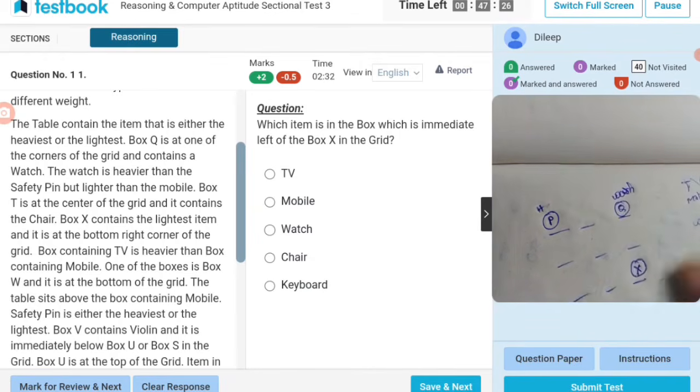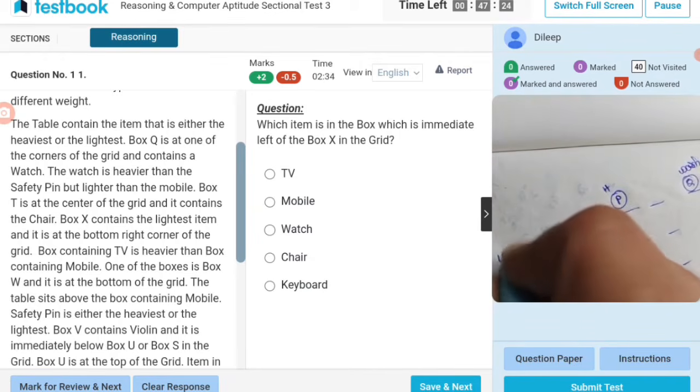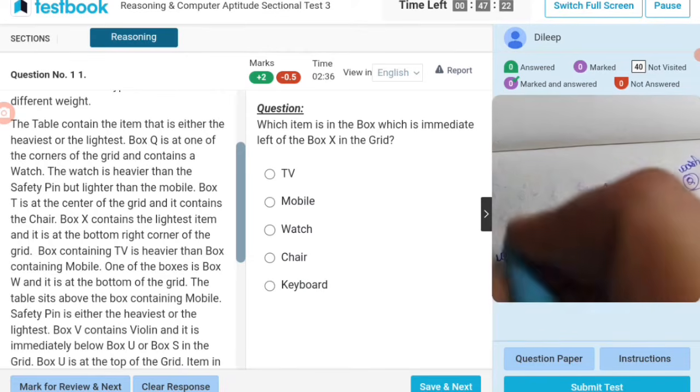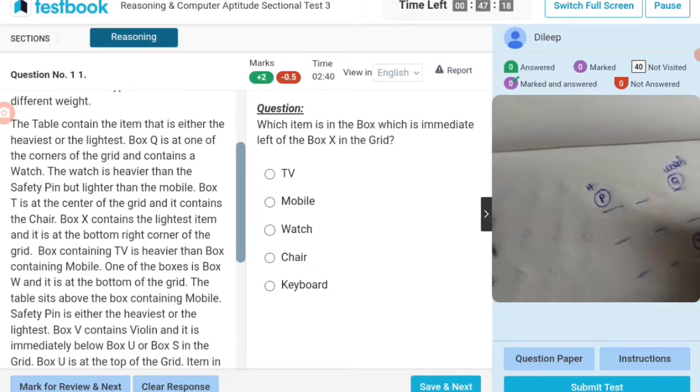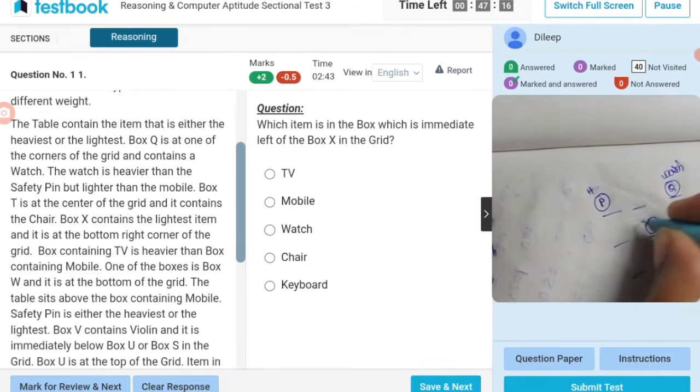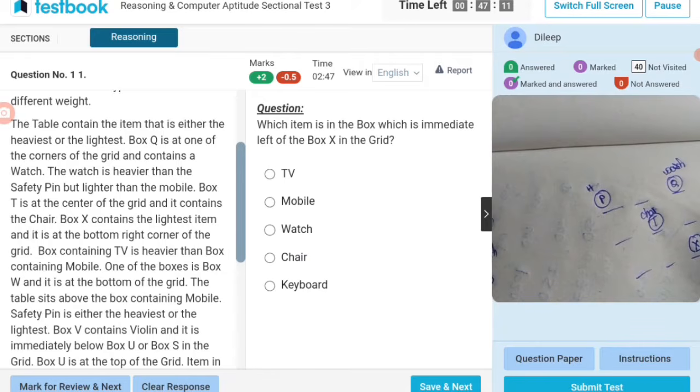The watch is heavier than safety pin but lighter than mobile. So T is at the center of the grid and contains the chair. Okay. And X contains lightest item, bottom right corner.